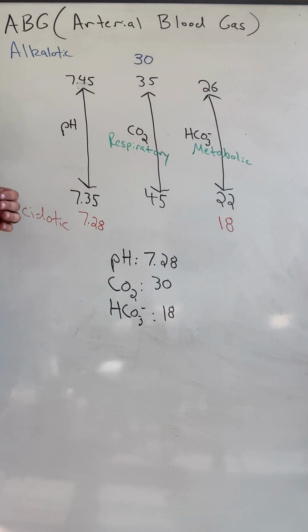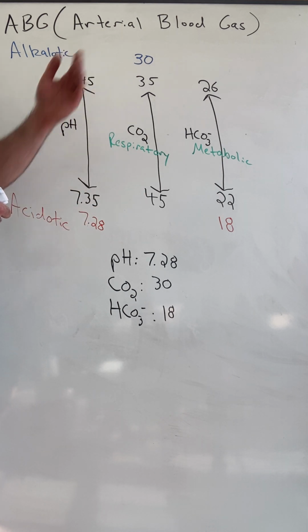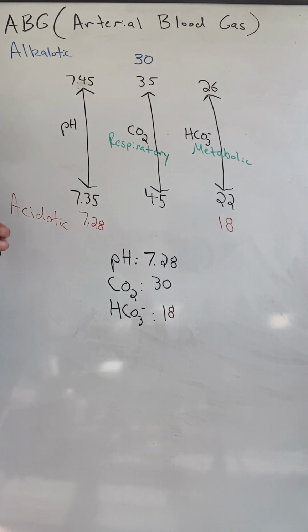There's two kinds of compensation. So partial compensation would be, okay, the other number's out of range in the opposing direction, great. So there's compensation. So metabolic acidosis with respiratory compensation. But the next question after, is there compensation? Is this partial compensation or full compensation? In this case, we have a partial compensation.